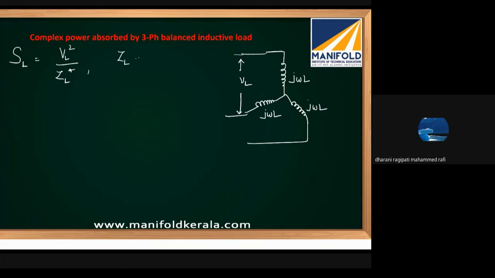Here ZL is 0 plus j omega L, because the resistive portion is 0.